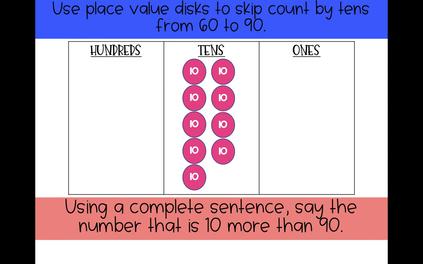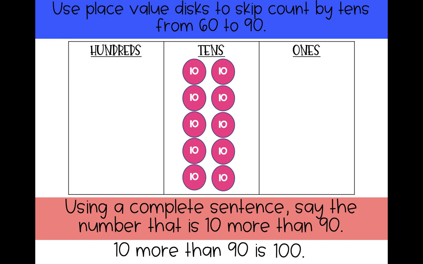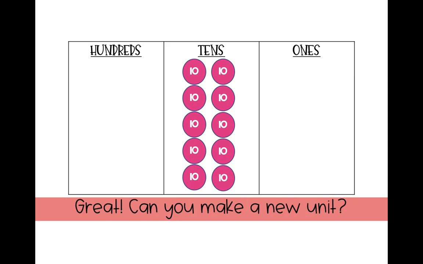Let's use a complete sentence to say the number that is 10 more than 90. I'll go ahead and show 10 more on my place value chart to help us out. 10 more than 90 is 100. Can we make a new unit? Yes, we can. We have 10 tens, and what does 10 tens equal?